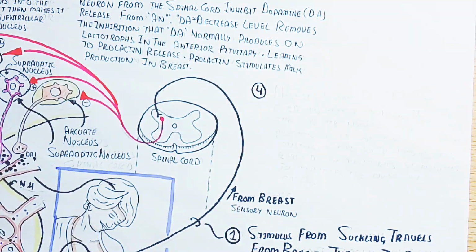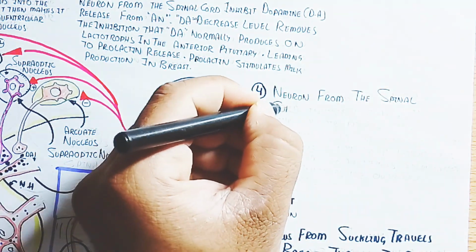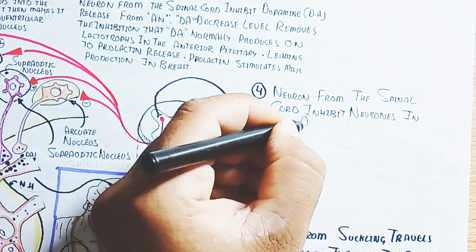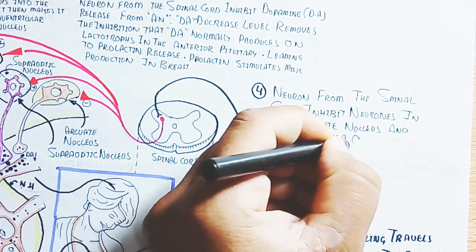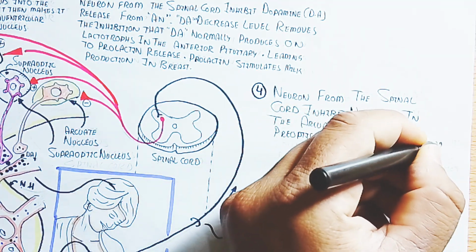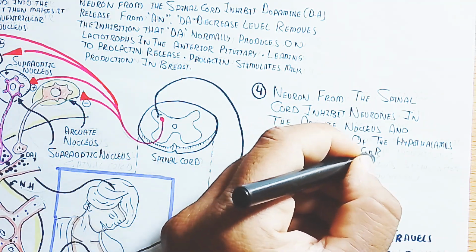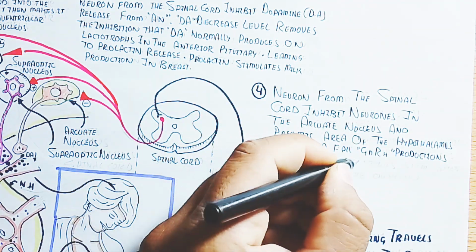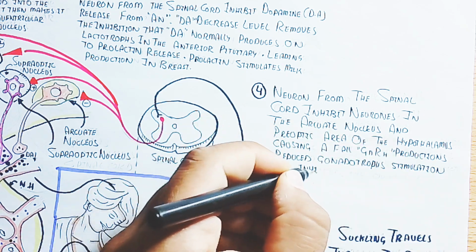In this way, the prolactin and oxytocin stimulate the mammary gland. I hope that makes sense. Here, the neurons from the spinal cord inhibit neurons in the arcuate nucleus and the preoptic area of the hypothalamus, causing a fall in gonadotropin releasing hormone production, and the dopamine from the arcuate nucleus will lead to reduced gonadotroph stimulation, inhibiting the ovulation cycle.